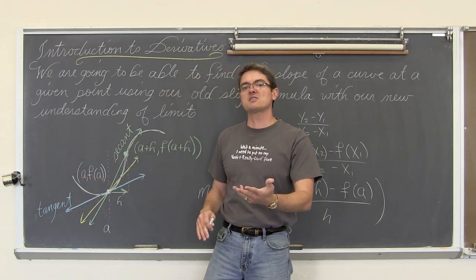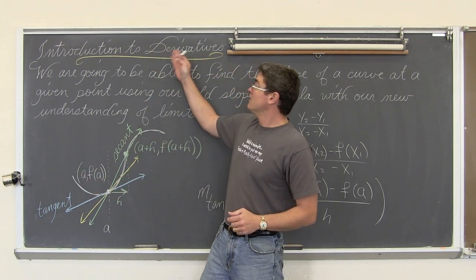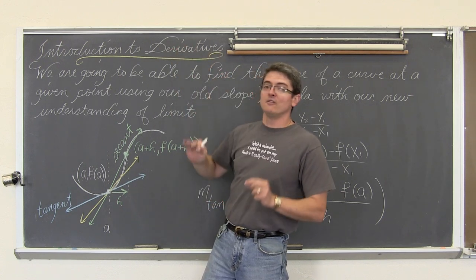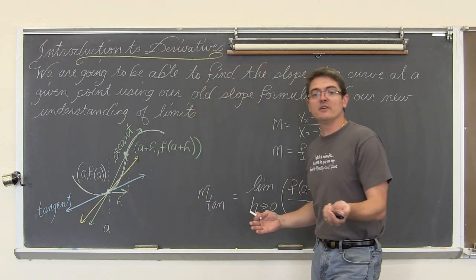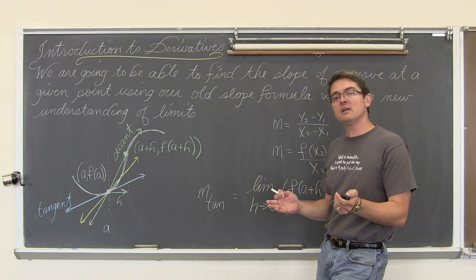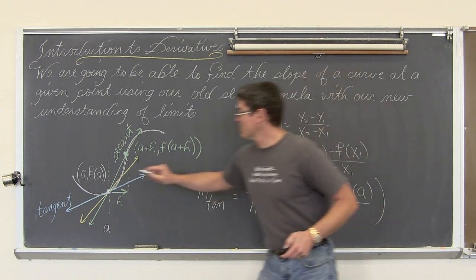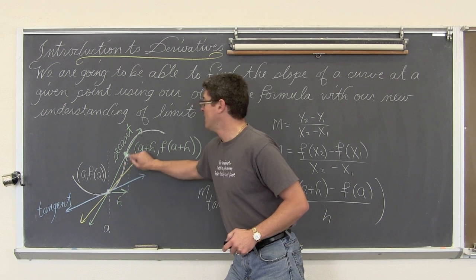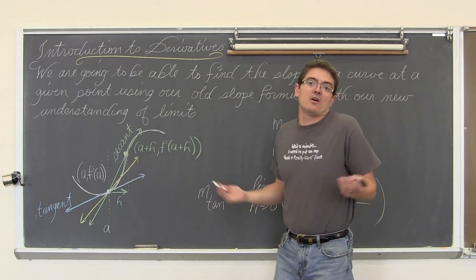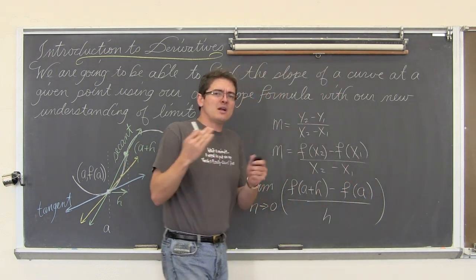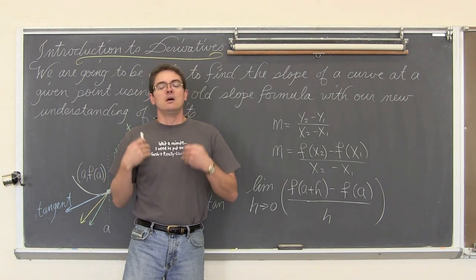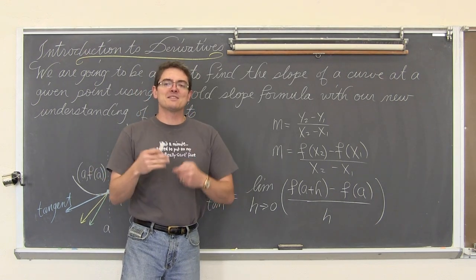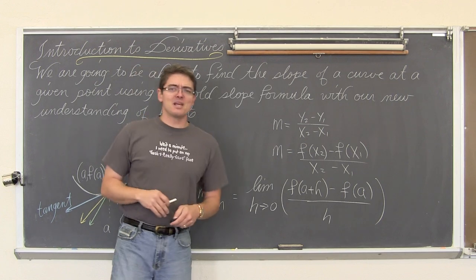All I have to do is put in an x value, and that second video will actually be finding the derivative of the original function. And a derivative is just simply an equation that allows you to find the slope of a curved graph at any given point. All you have to do is put in the x. But we're not that far yet. So we're just going to find the slope at a particular point at which we're asked to find the slope. Let's see what those examples look like.